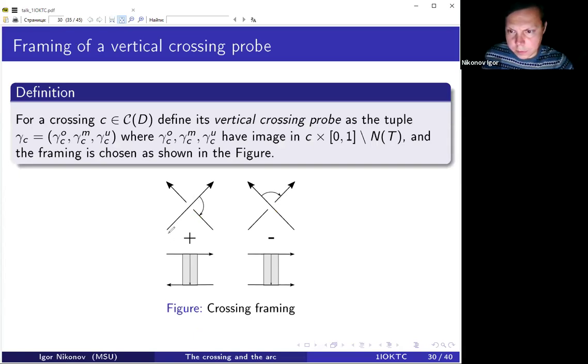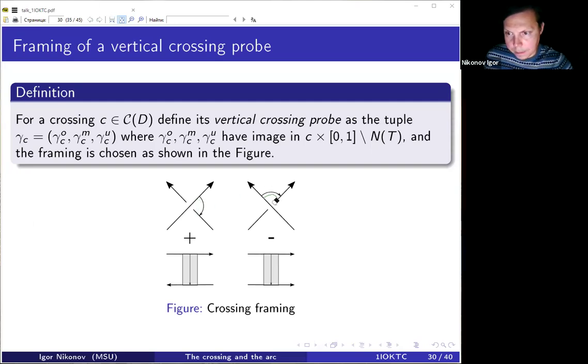So if you have an overcrossing and an undercrossing, connect this part with the band as follows. And then if you look at this picture in three-dimensional space, you will see the following bands. So we have the following framing.